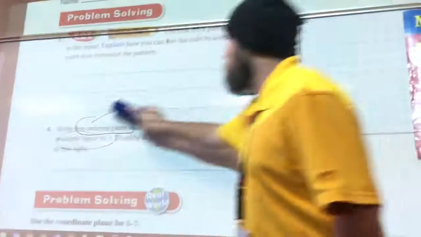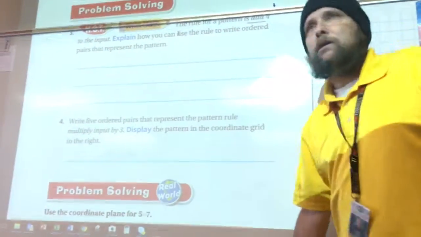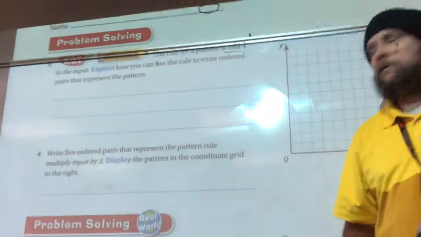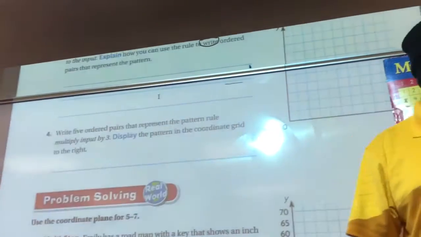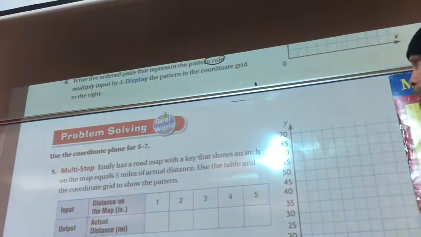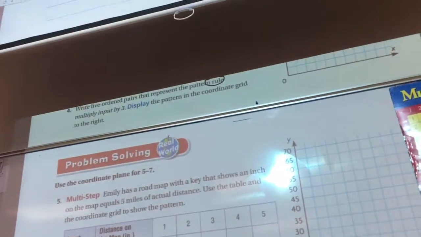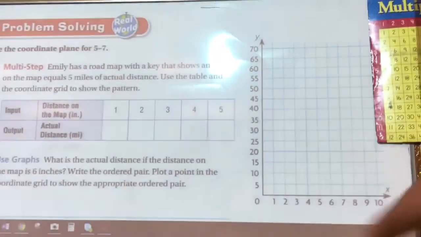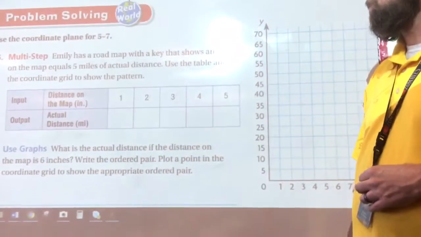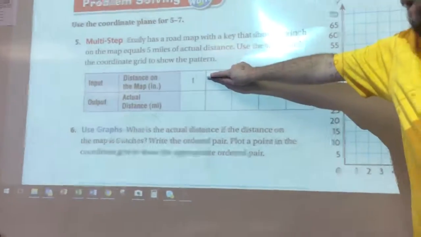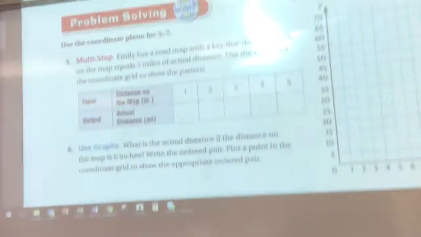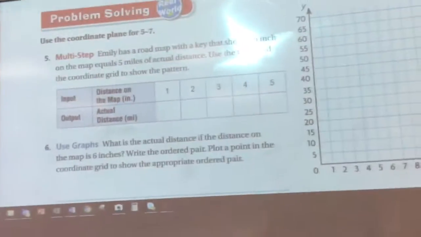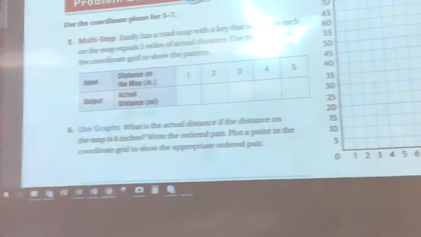All right, so one more or 2 more. Slide it up for me. That's B, our friend. All right, use the coordinate plane for 5 through 7. Emily has a road map with a key that shows an inch on the map equals 5 miles of actual distance. So 1 inch on the map is 5 miles actual distance. Use the table and the coordinate grid to show the pattern.